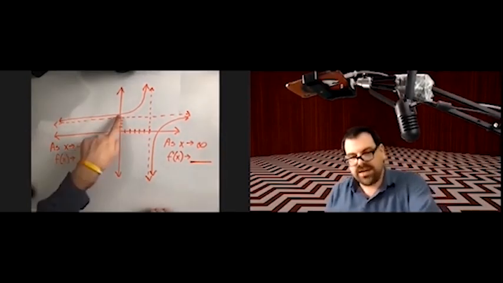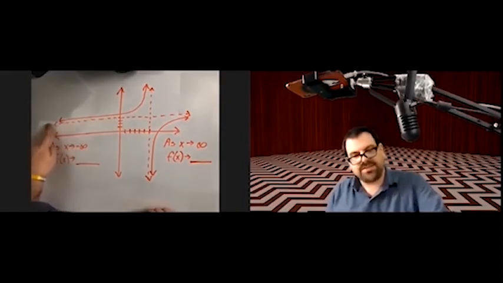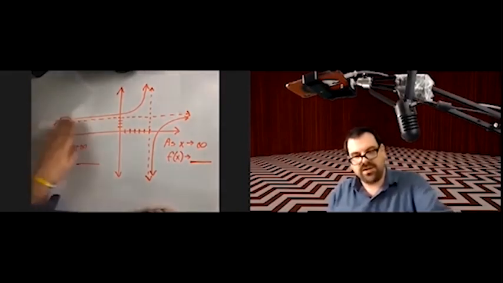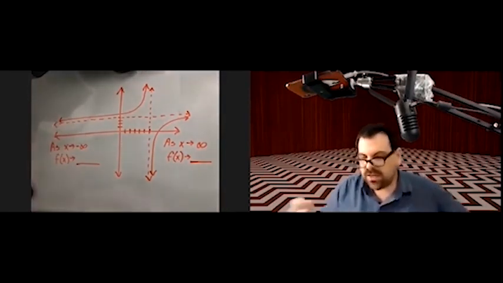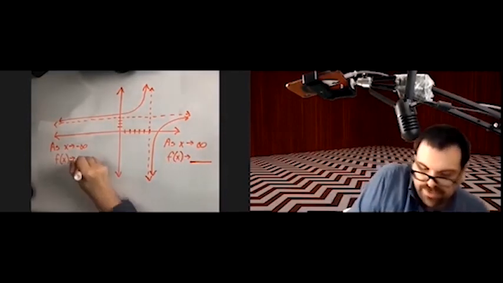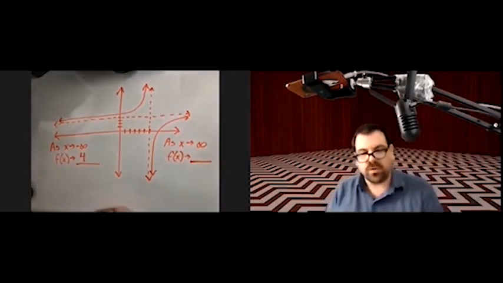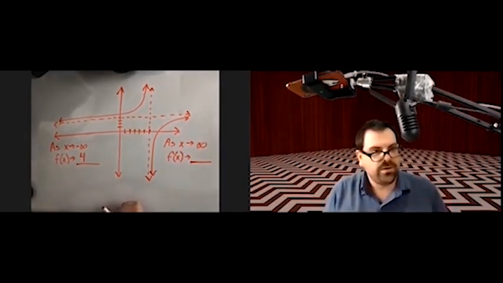As x approaches negative infinity, that means as x gets farther and farther to the left, f of x is getting closer and closer to this horizontal asymptote. f of x is approaching 4, but it'll never hit 4.